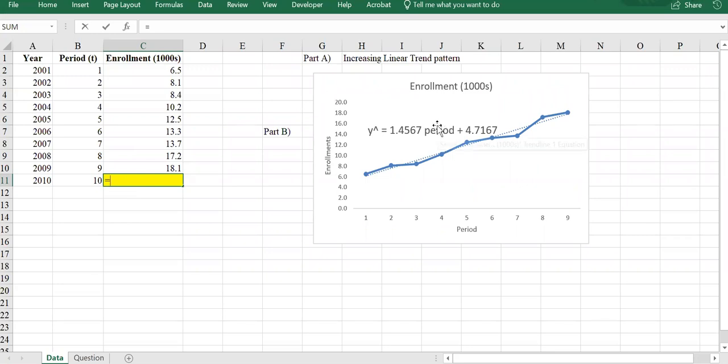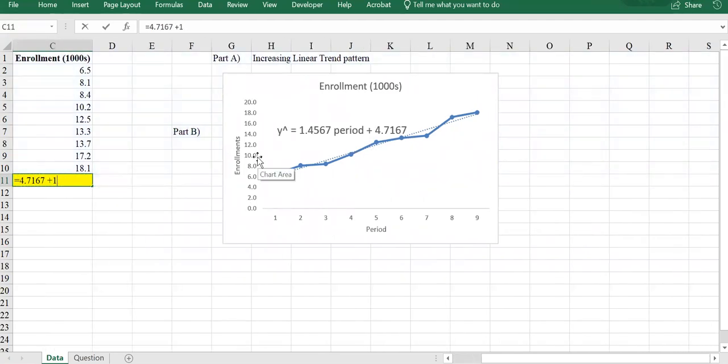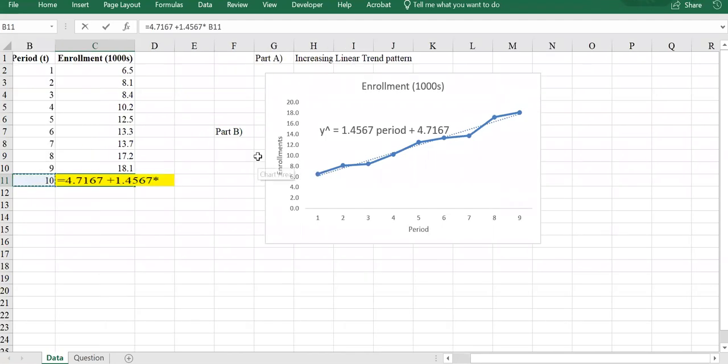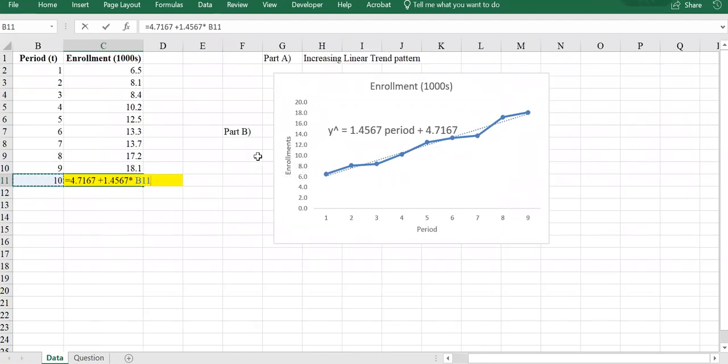So I just need to replace period with 10. I just plug 10 into this equation, and that will give me the enrollment number. So it's going to be 4.7167 plus 1.4567 times the period number, and the period number here would be 10.